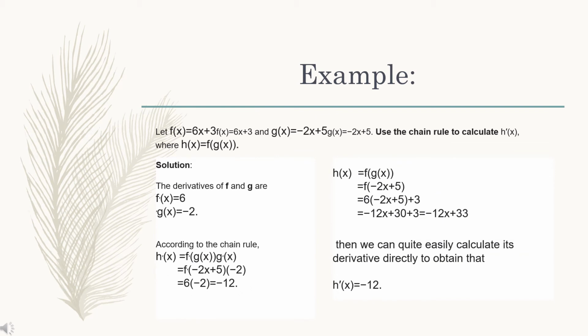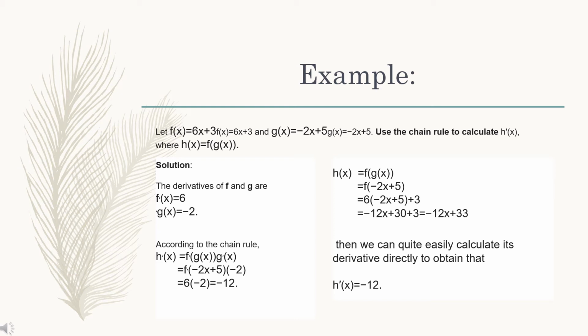We have another example here. We use the chain rule to calculate h'(x), where h(x) equals f(g(x)). So below we have the solution. The derivatives of f and g: f'(x) is equal to 6 and g'(x) is equal to -2.